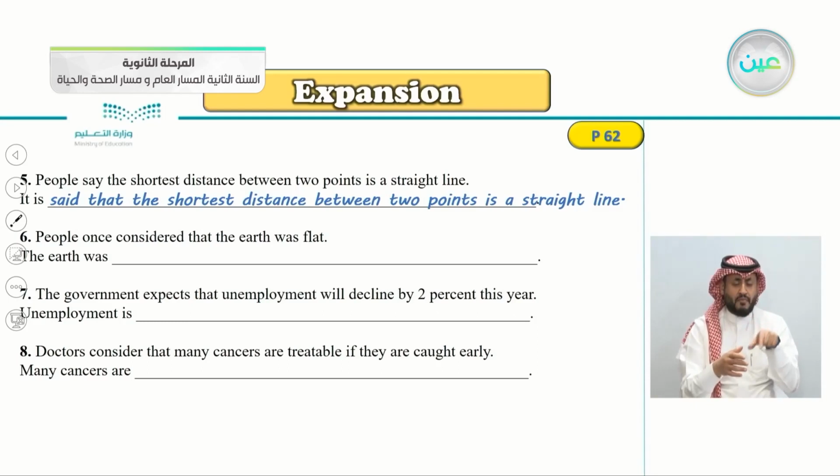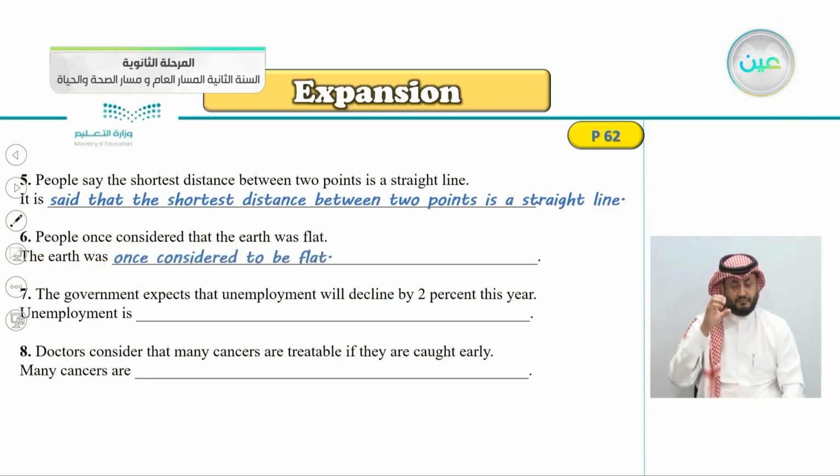Number 6, people once considered that the earth was flat. So we say the earth was once considered to be flat.